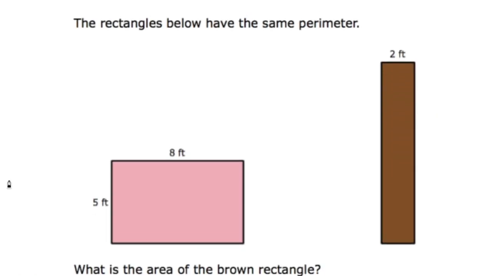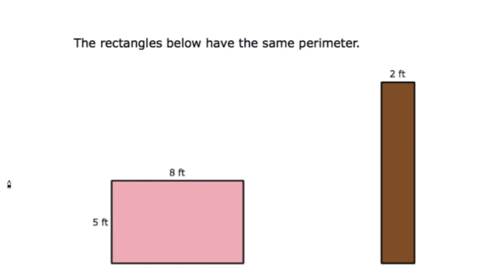Here's our second question. It is asking us, the rectangles below have the same perimeter. Our pink rectangle here is 5 and 8 feet. Over here, all we're given is a 2. Now, knowing that they have the same perimeter, we can find out what the missing length is.